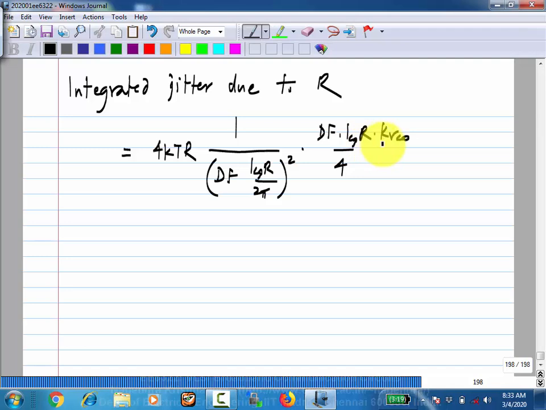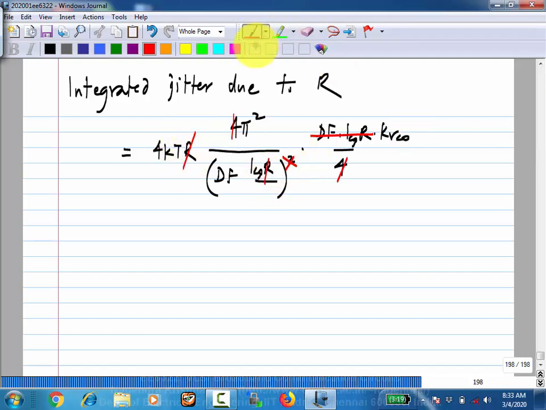So now you see that basically if I remove this here and this goes away with that, and that goes with that.